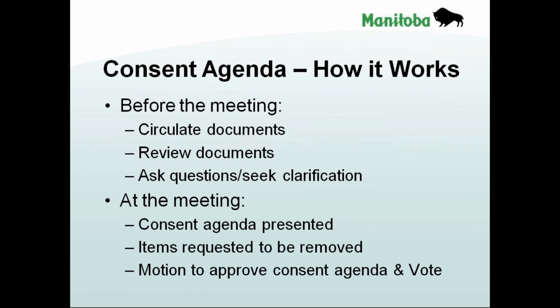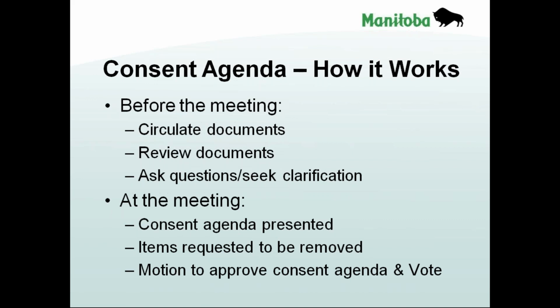This puts a greater responsibility on the meeting participants to prepare and engage in the discussion items prior to the meeting. At the meeting, there is no further discussion on these items. A vote on a single motion applies to all of the items on the consent portion of the agenda.